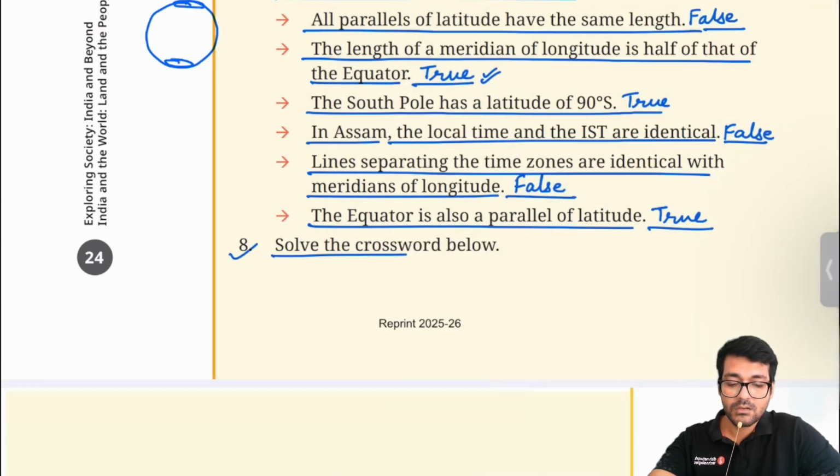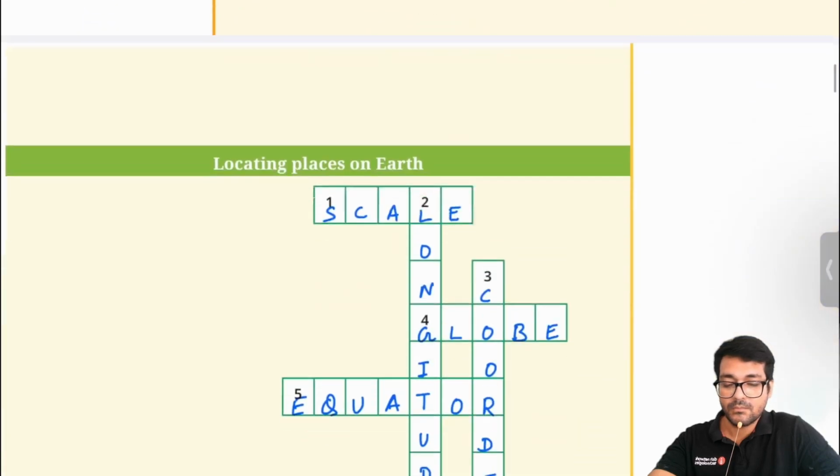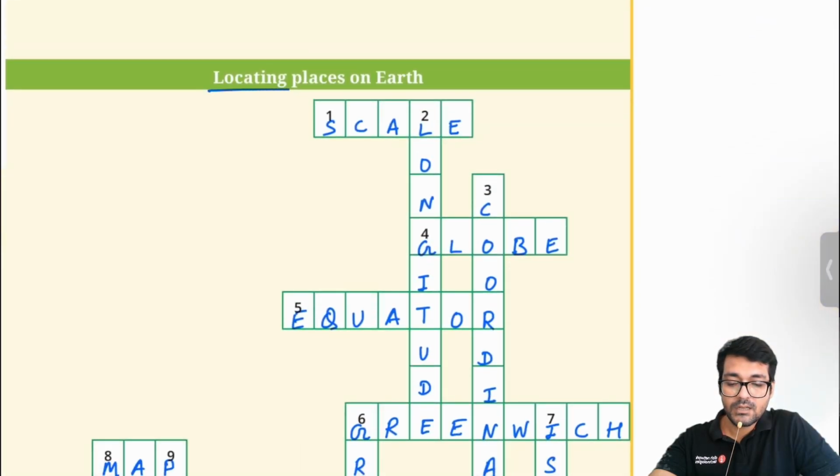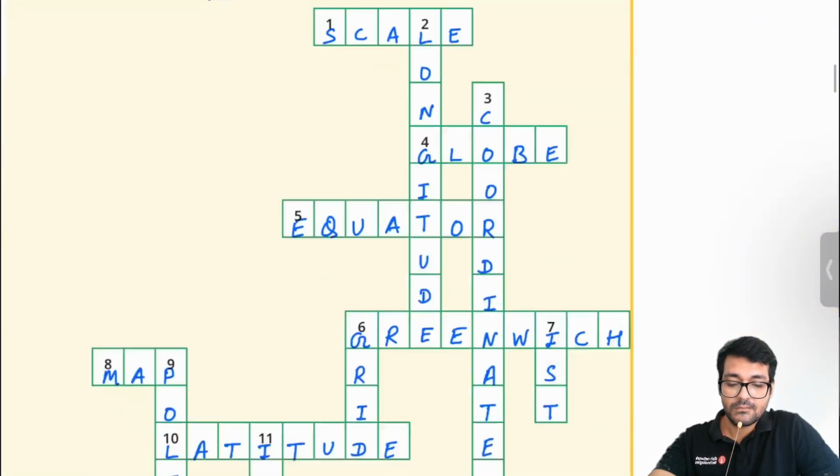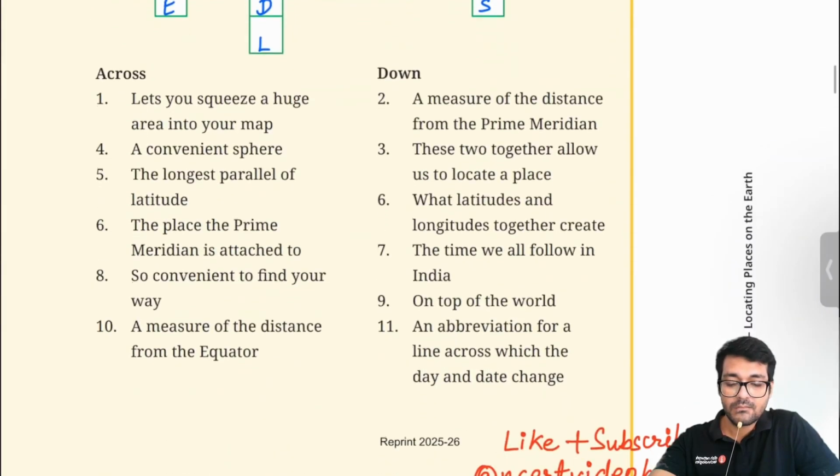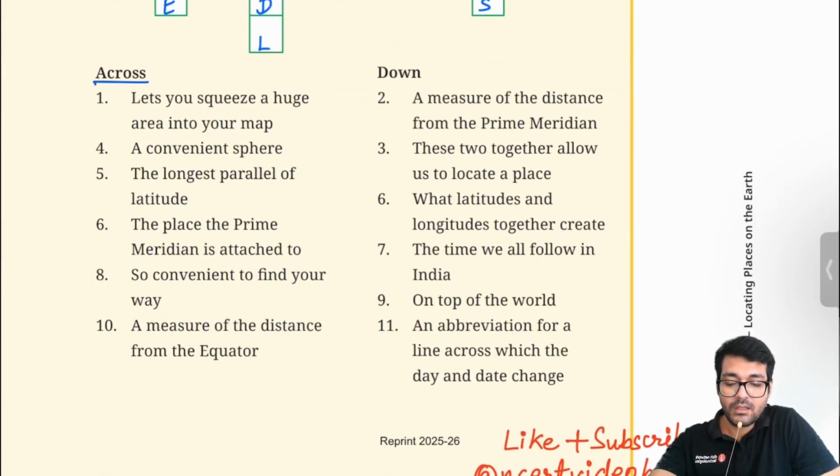8. Solve the crossword below. Locating places on the earth. Directions given here for across and down. 1. Lets you squeeze a huge area into your map.